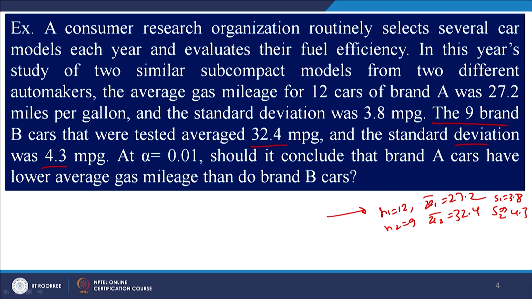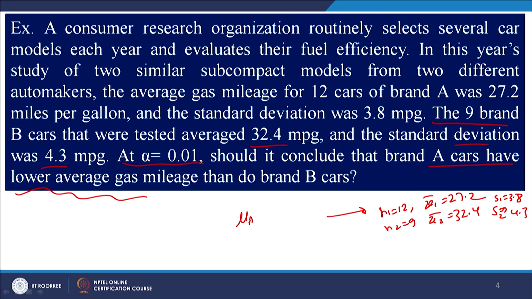Now, the question is, at 0.01 significance level, should it conclude that brand A cars have lower average gas mileage than brand B? So, what would be the null and alternative hypothesis?